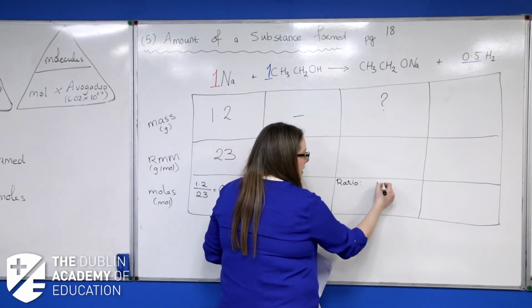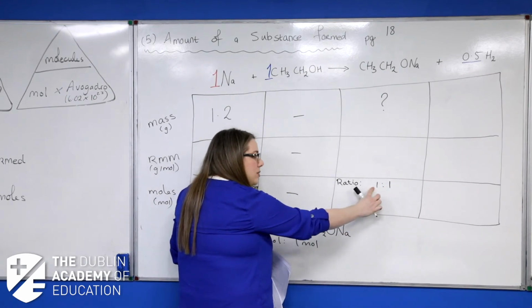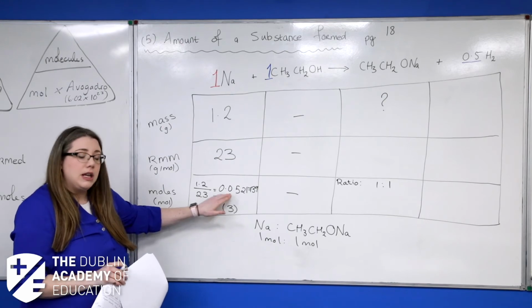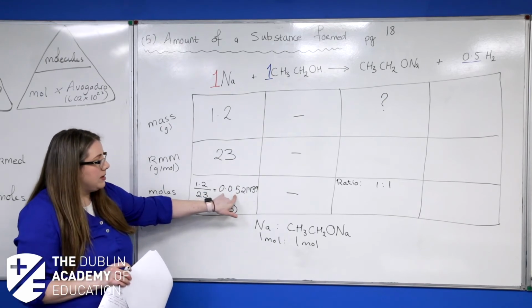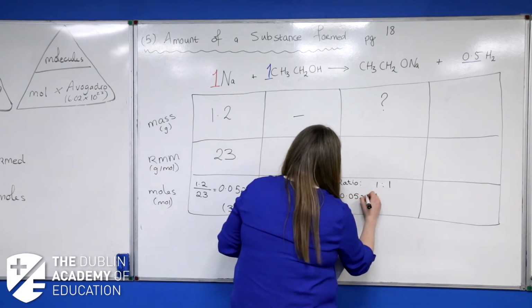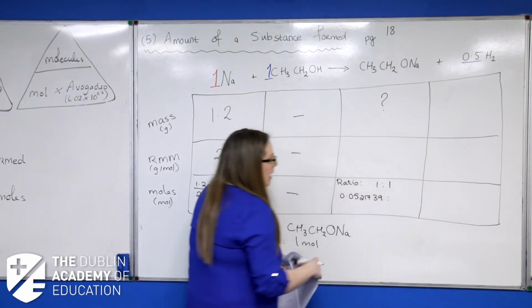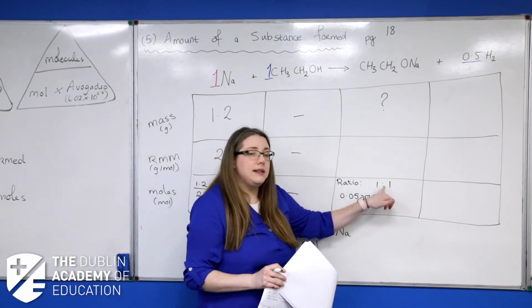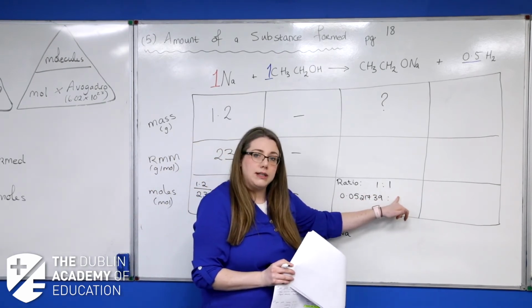The ratio is 1:1. We don't have 1 mole in this reaction. 1 mole is much bigger than what we actually have. So instead of having 1 mole, we used 0.05 moles of sodium. Now, to figure out how many moles of your product you form, it's going to be the same because of the 1:1 ratio.